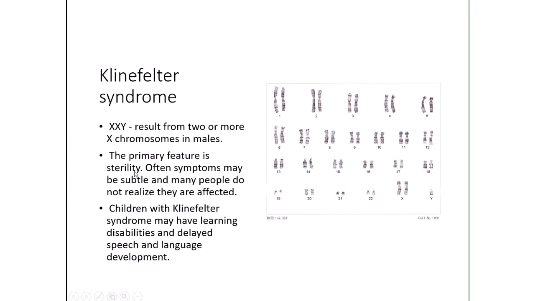That means they're not going to be able to have babies of their own. Often, other symptoms are kind of subtle though, okay, and people might not even realize they are affected. And children with Klinefelter syndrome might have some learning disabilities or delayed speech and development related to language. But for the most part, many people have mild symptoms.